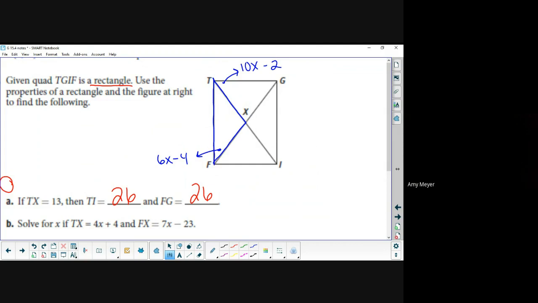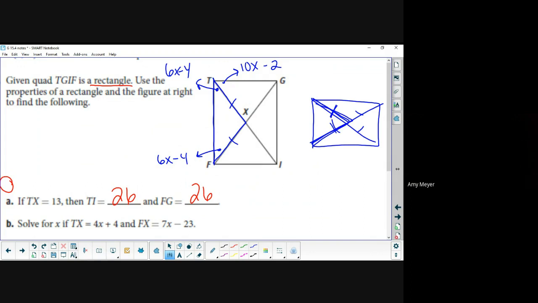Remember in our rectangle, it's isosceles. So if these are alike, then these base angles are alike. So this one is also 6x minus 4. The more you do rectangles, the more you'll remember this.